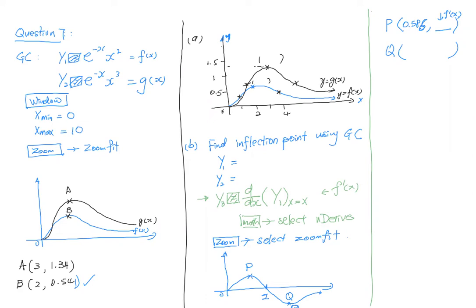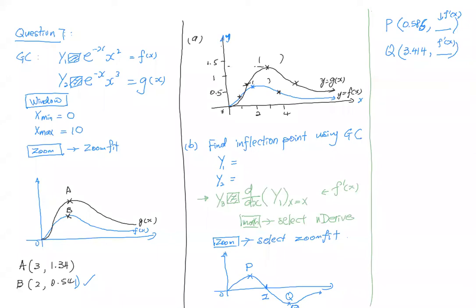3.414. Yes, thank you. So 3.414. Usually, if I want to find the inflection point for f(x), I'm not interested in the f prime x here. So after this, what should I do?